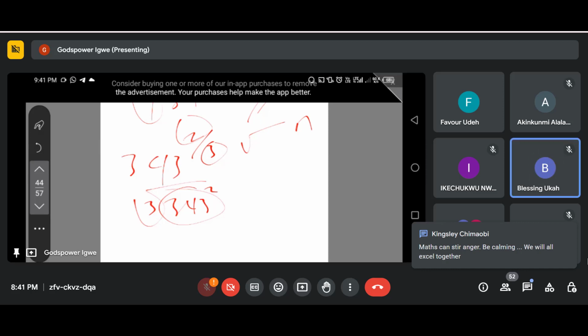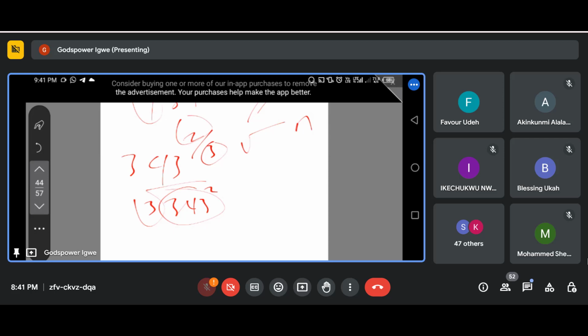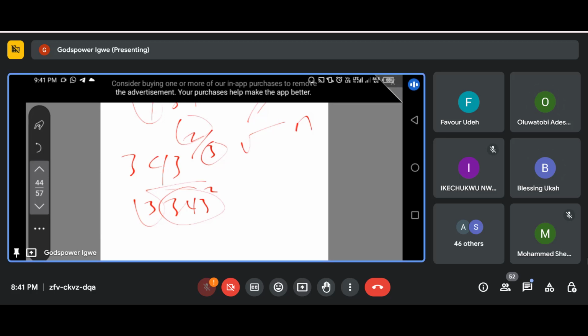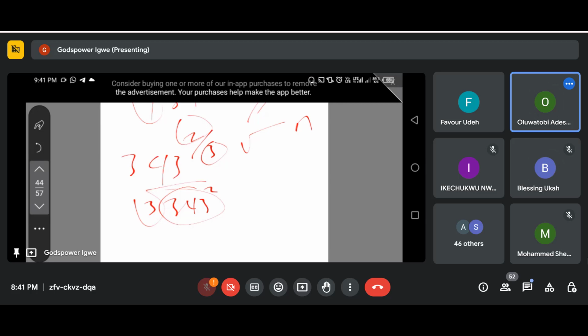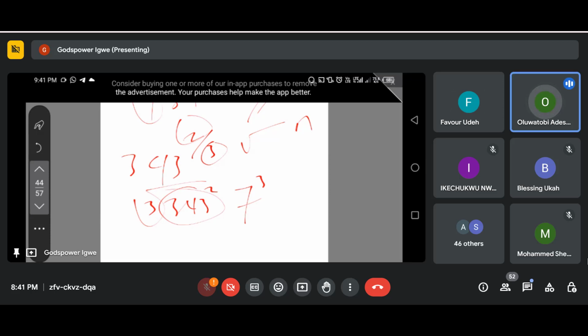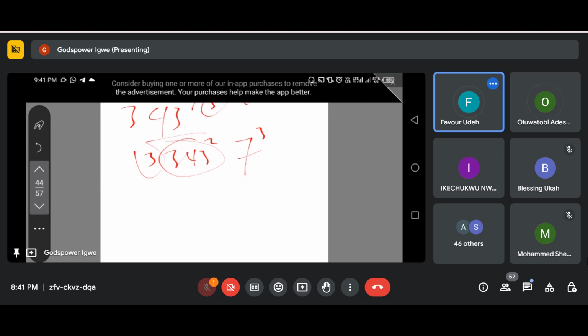Some are saying 7 raised to power 3. Square root of 7 raised to power 3. It's cube root now, not square root. Cube root.